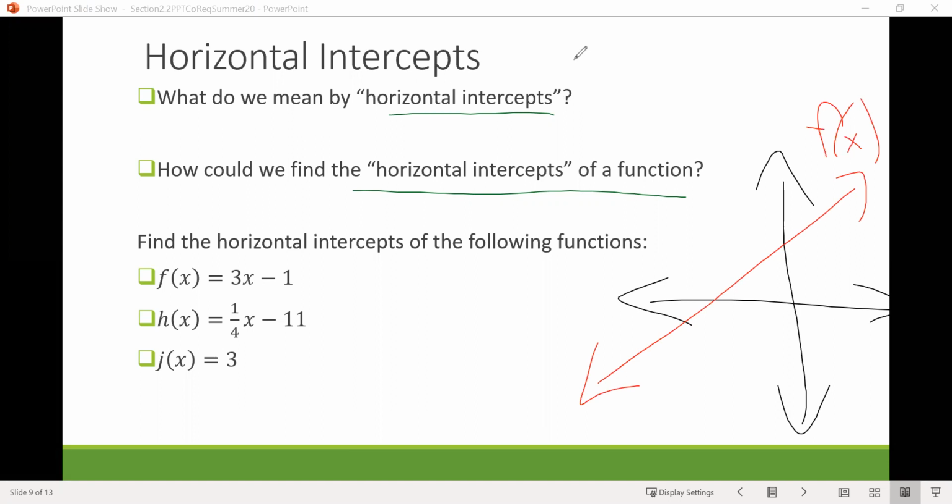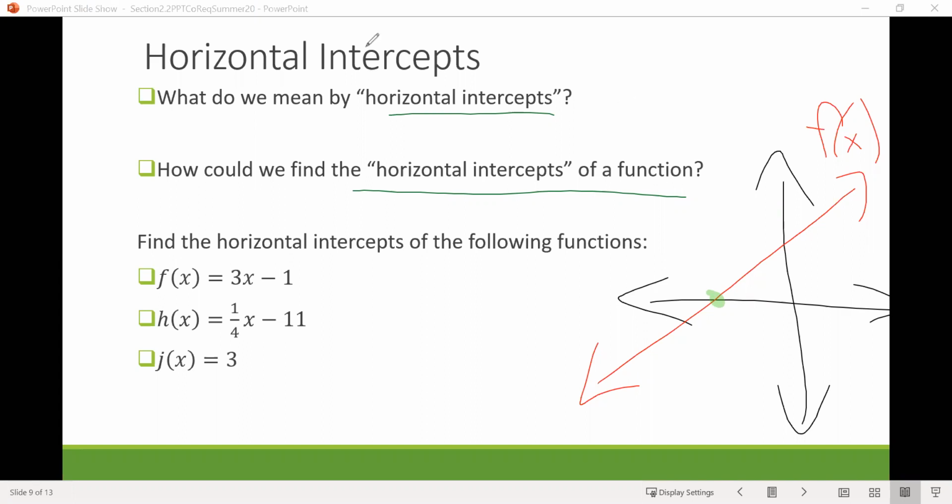The horizontal intercepts, if I'm referring to that, I'm talking about the point or points where this function intersects the horizontal axis. In this case, this point right here. I want to just highlight it in green. Now, some of you from your mathematical pasts may know that as the x-intercept.